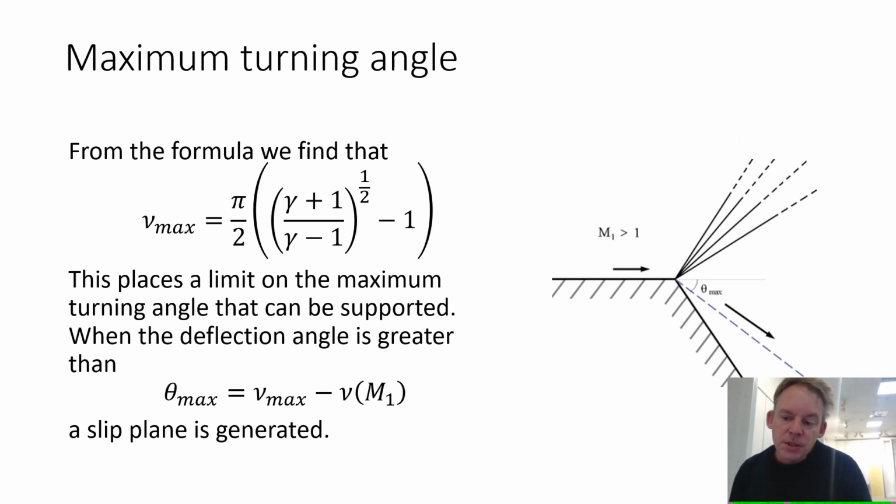This solution admits a maximum deflection angle, which is just given by a functional relationship with a strong dependence on gamma. And so for flows where the deflection angle is larger, obviously how does the flow accommodate? Well, it's easy.